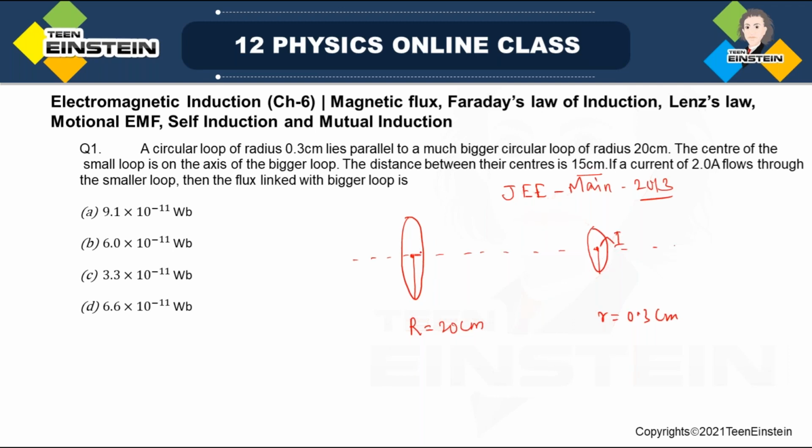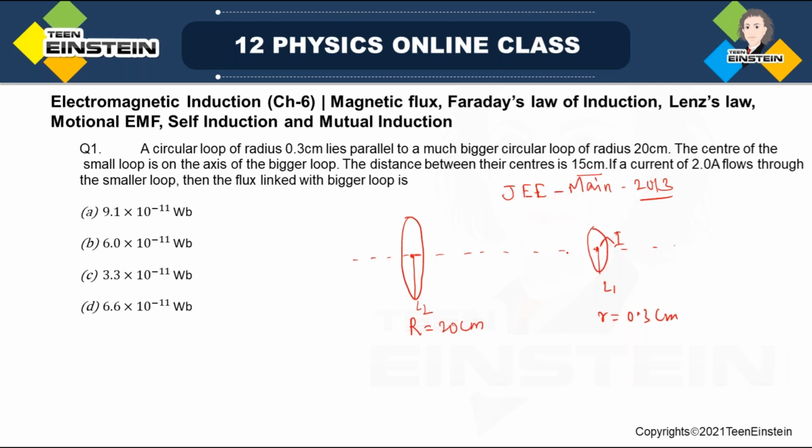So first of all, let us say this is loop 1, this is loop L1, and this is loop 2. Let us be here itself. So you look here, what will happen? This is a loop. So if current flows through this smaller loop, there will be magnetic field produced. This is a circular loop, and it will produce magnetic field on its axis.